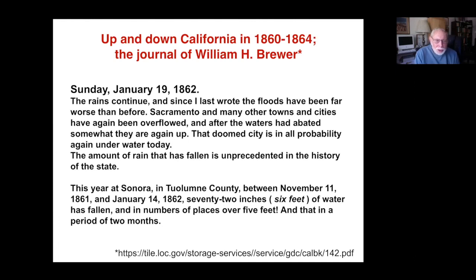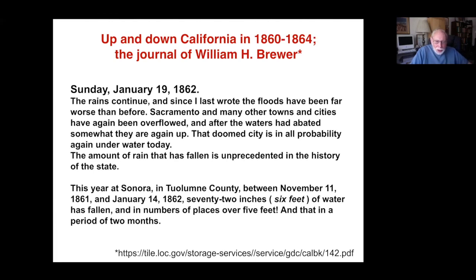Sunday, January 19th, 1862: The rains continue, and since I last wrote, the floods have been far worse than before. Sacramento and many other towns and cities have again been overflowed, and after the waters abated somewhat, they're up again. That doomed city is in all probability underwater today.